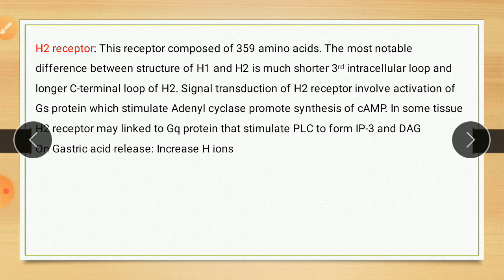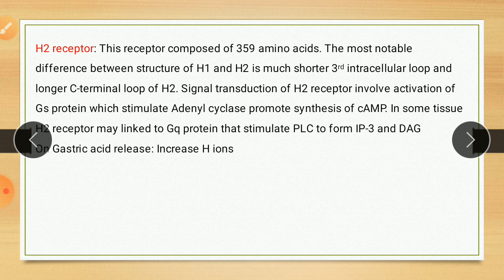Here the signal transduction of the H2 receptor involves activation of the Gs protein. In the case of the H1 receptor, there is a Gq protein. But here, for the H2 receptor, the Gs protein stimulates adenylyl cyclase as a secondary messenger and promotes synthesis of cyclic AMP.